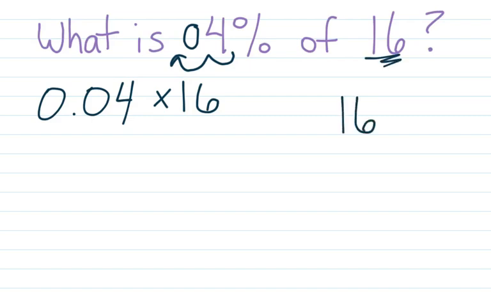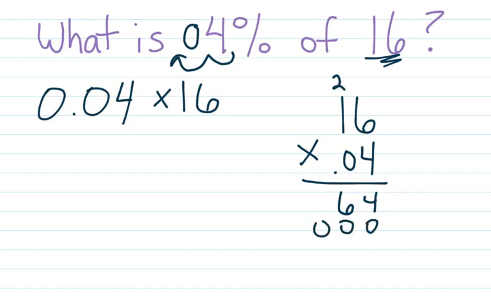So 16 I'm going to put on top just because it has more digits that aren't just a 0. So I'm going to start with the 4 times 6. That gives me 24. Carry the 2. 4 times 1 is 4. Plus 2 is 6. I don't need to worry about this other 0 because it's just going to give me zeros down here, honestly.